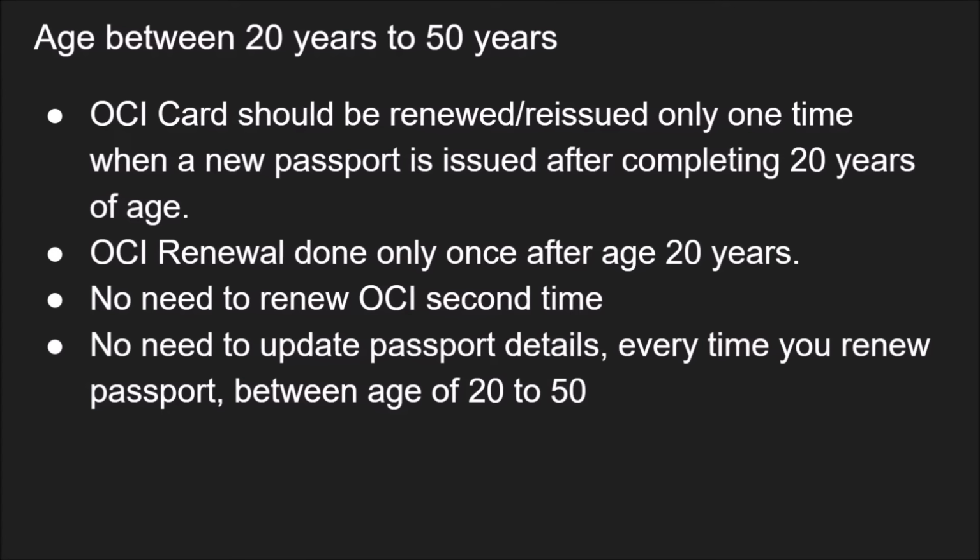The OCI card should be renewed or reissued only one time, when a new passport is issued after completing 20 years of age. The OCI renewal is done only once after age 20, and there is no need to renew the OCI a second time between the ages of 20 to 50 years, and no need to update any passport details every time you renew your passport between the ages of 20 to 50.